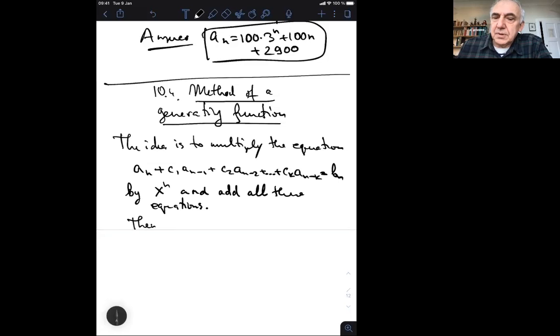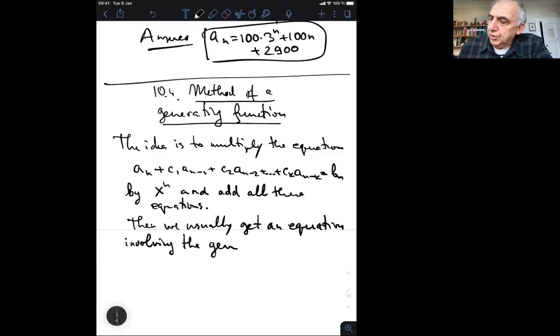Are there any technical difficulties? No. Then we usually get an equation involving the generating function, the usual one, not the exponential.